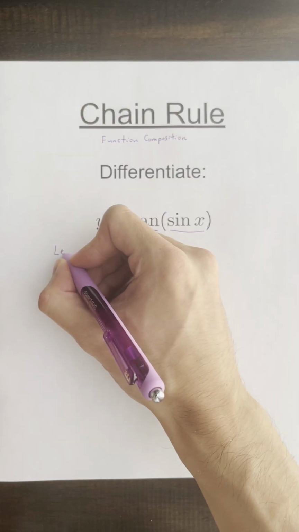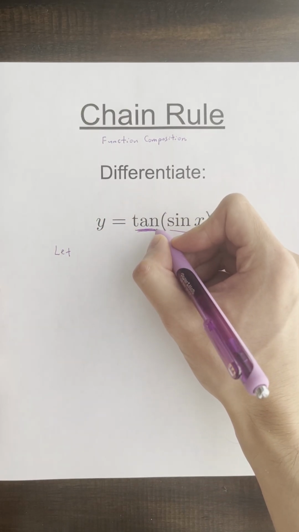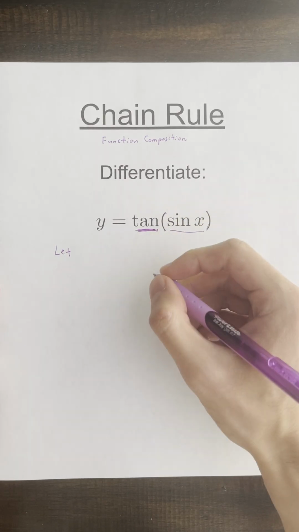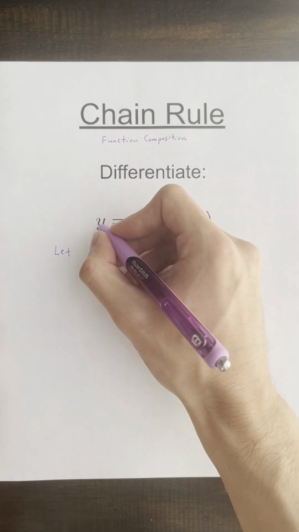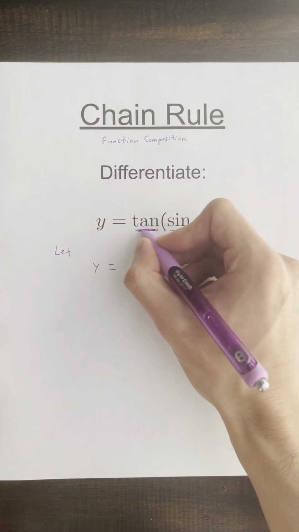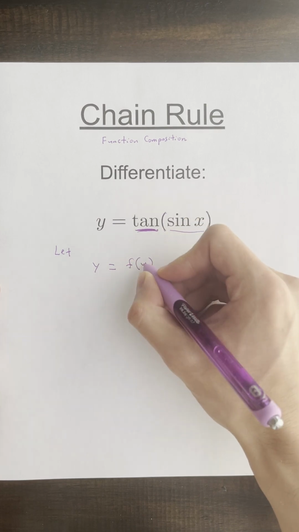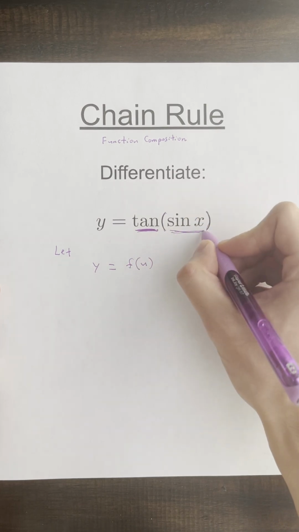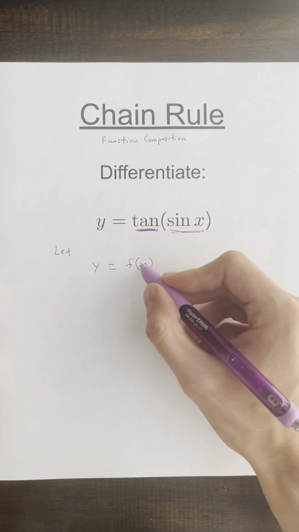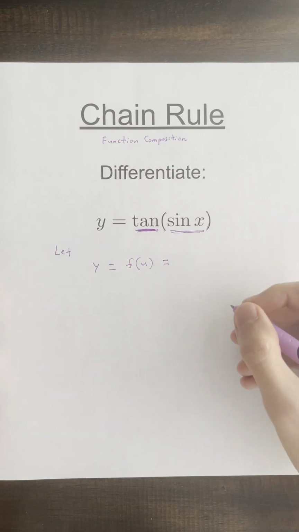Well, I'm going to let the outside function, so tangent, be f. So y equals f of u, and I'm going to let u be this. y equals f of u, and f was what again?